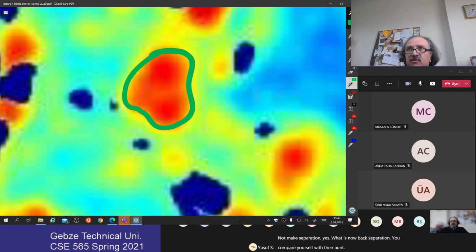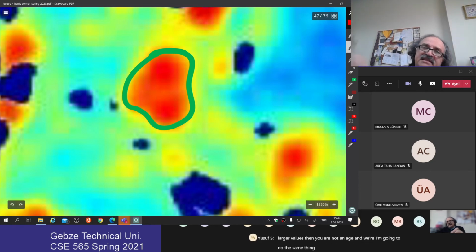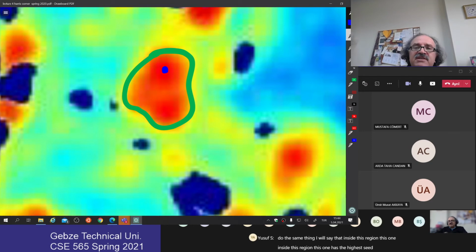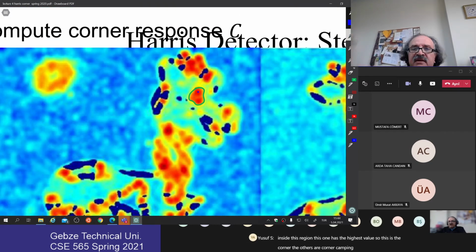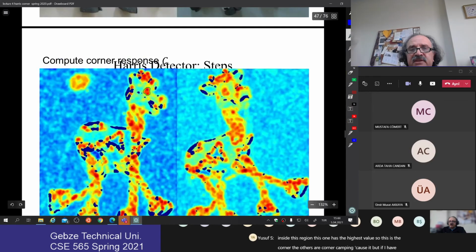If there are other pixels that have larger values, then you are not an edge. I'm going to do the same thing here. I will say that inside this region, this one has the highest C value, so this is the corner. The others can be considered corners, but if I have this one, I wouldn't call them corners.